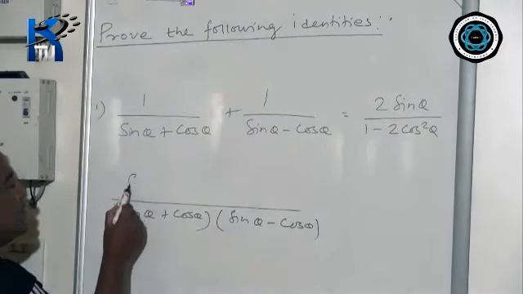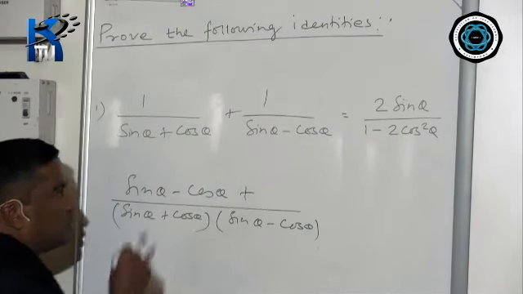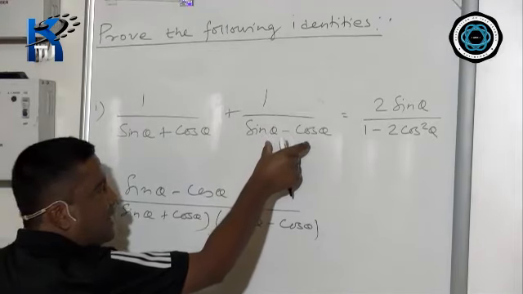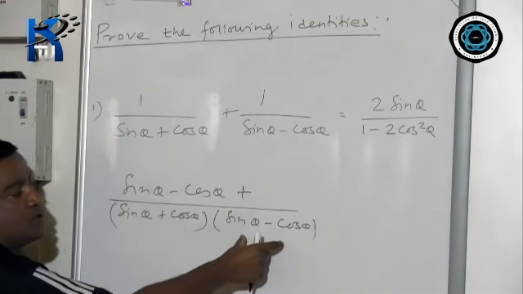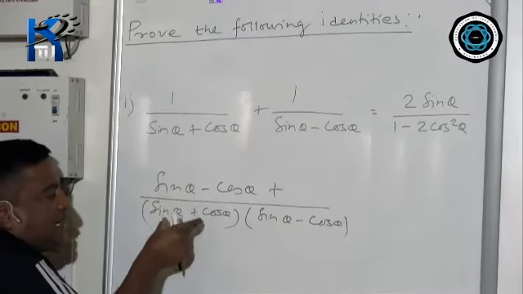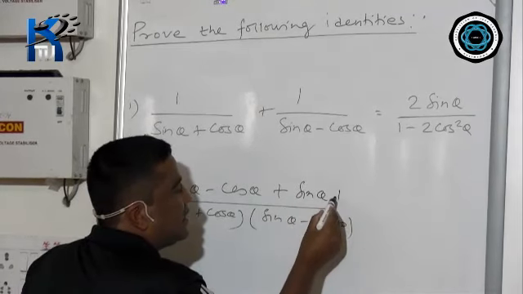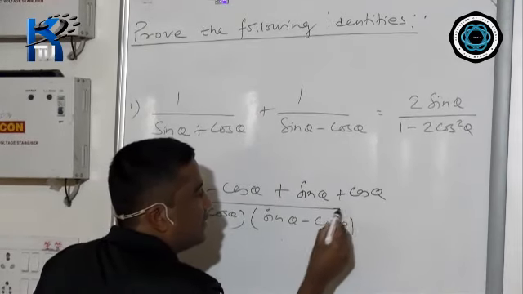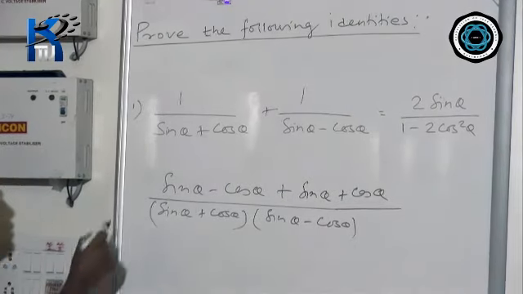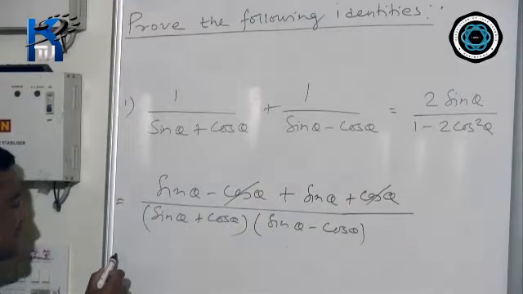So you will get sin theta minus cos theta, plus similarly sin theta minus cos theta, sin theta minus cos theta will get cancelled. Sin theta plus cos theta is left. Now sin theta plus cos theta into 1 is sin theta plus cos theta. After that, cos theta will get cancelled.